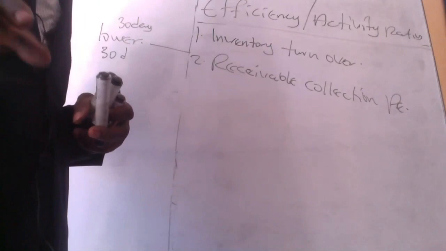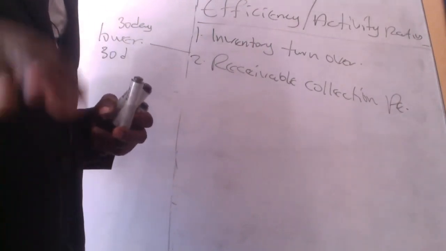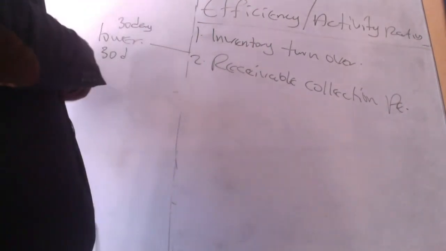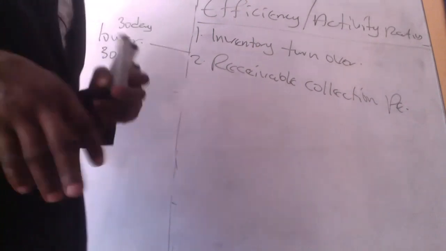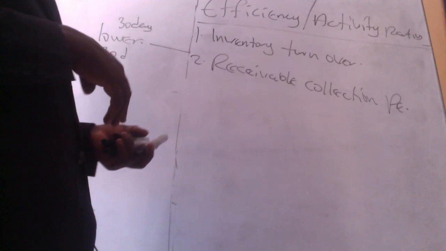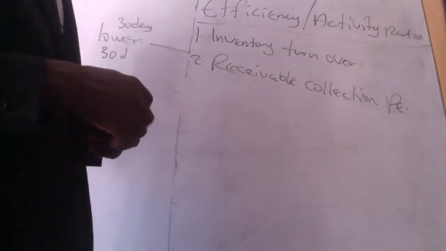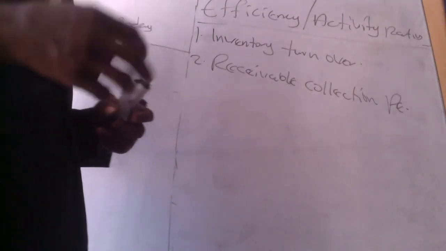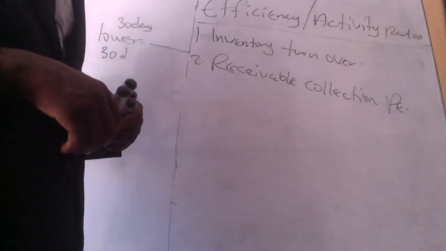Hear me, it's one of the limitations of the ratio. I hope that we talked about 5 limitations. Now, if I should chip in a 6th one, it will be unique or exceptional items, or changes in the company's operations.